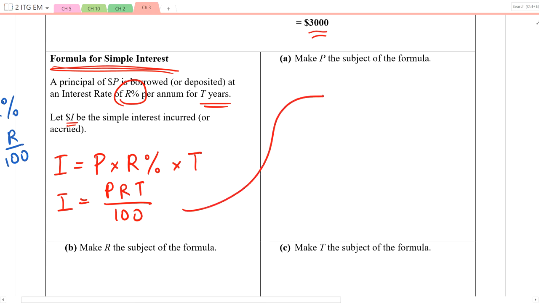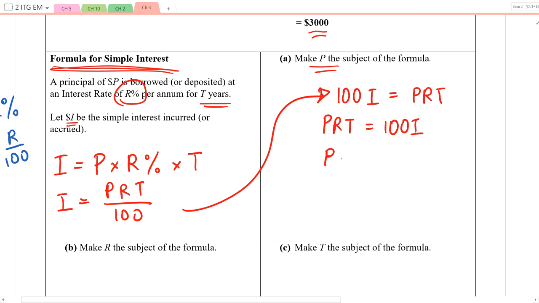Now from here, if I want to make P the subject, I need to remove the denominator of 100 by multiplying both sides with 100. So 100I equals to PRT. You may switch sides if you want to. PRT equals to 100I.